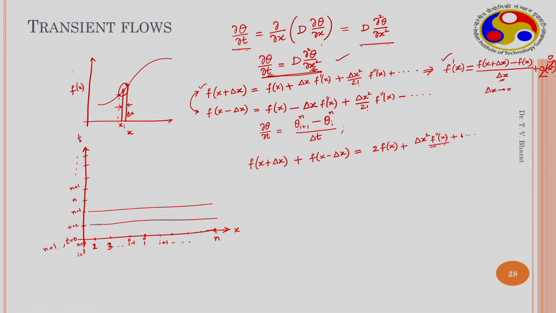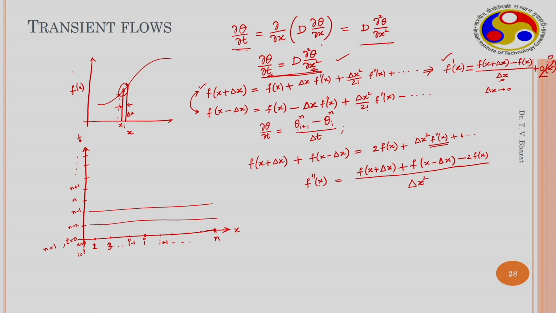So, now if I write the expression for f double dash of x, this is simply f of x plus delta x plus f of x minus delta x minus 2 f of x divided by delta x square.